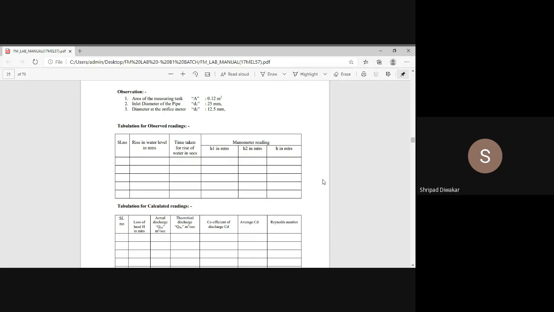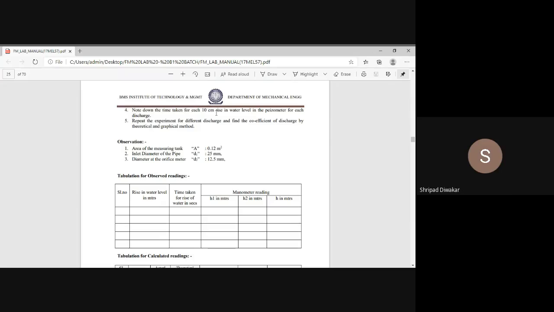Area of measuring tank is represented by the symbol capital A. And the aim: write down, the aim is to determine the coefficient of discharge of the fluid through the orifice meter.